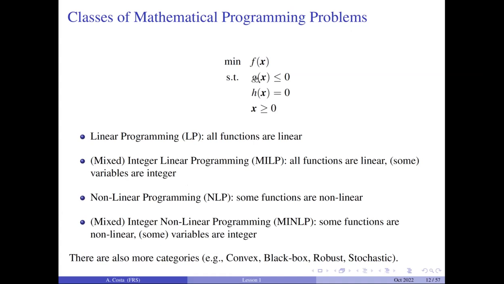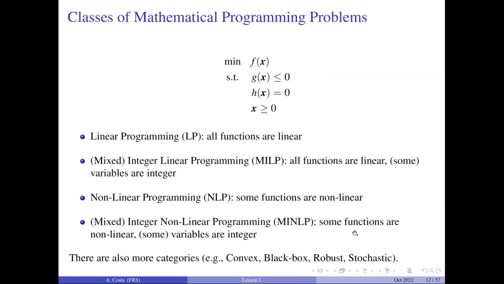Then if some of the functions like g, f, or h are nonlinear, you get a nonlinear programming problem. And it can be even harder if you have nonlinear and integer. This is called MINLP, mixed integer nonlinear problem, and is usually one of the hardest classes of problems to solve. There are also other categories like convex, non-convex, stochastic, black box, robust.